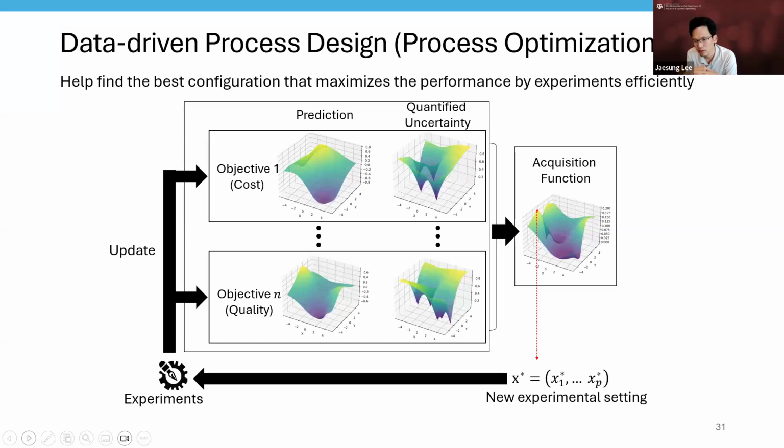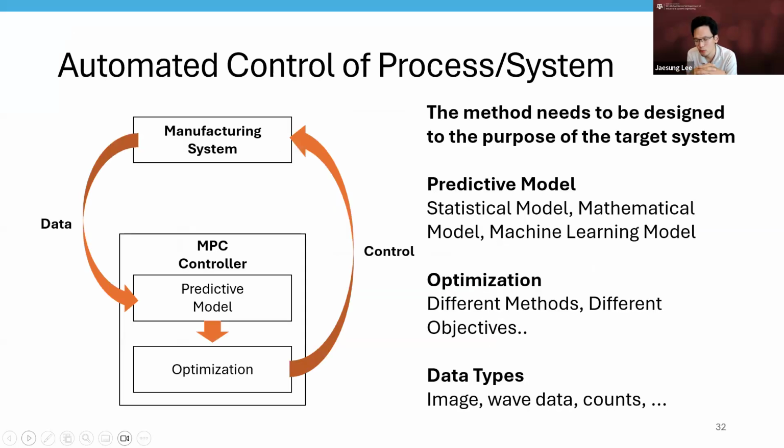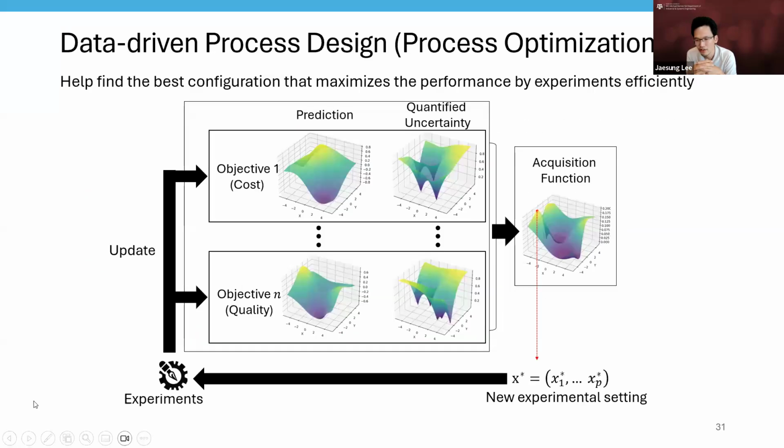So by considering both the prediction and the quantified uncertainty, the AI system can suggest what parameter set you need to run experiments on, to find the best parameter with a minimum number of physical experiments. This is done especially when the physical experiments are very expensive.